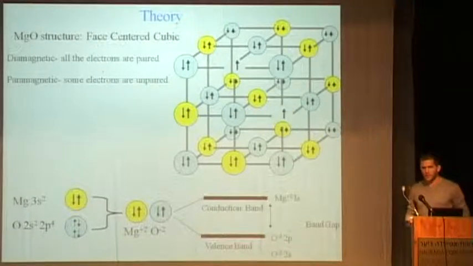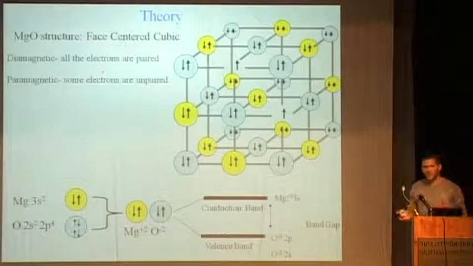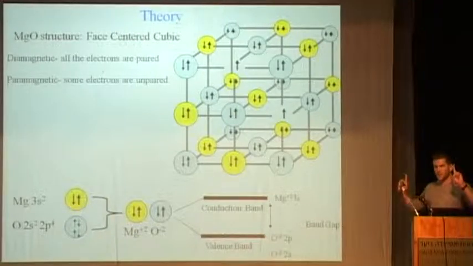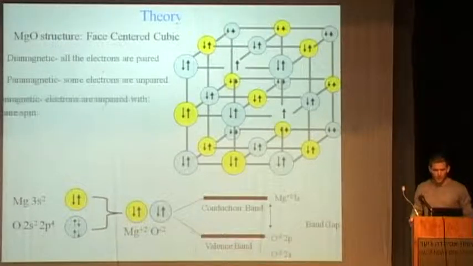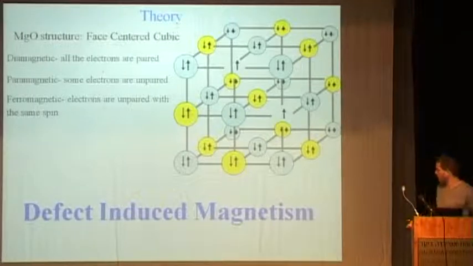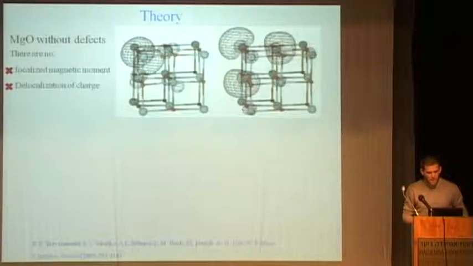If the concentration of the vacancies is high enough, and with certain conditions which I will elaborate on, the spins will align in the same direction in order to minimize the energy of the crystal. Then we will have ferromagnetic behavior. This effect is defect-induced magnetism, and this is what we are trying to achieve.